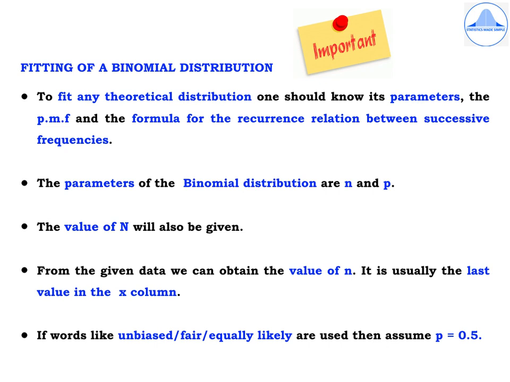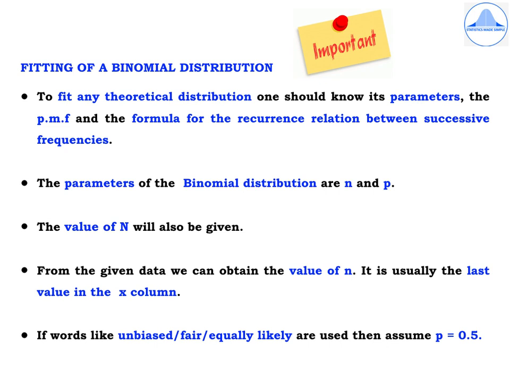The binomial distribution has two parameters, n and p, where small n stands for the number of times you conduct the random experiment, or the number of trials, which are always finite, and small p stands for the probability of success. Remember that probability is a value which lies between 0 and 1.